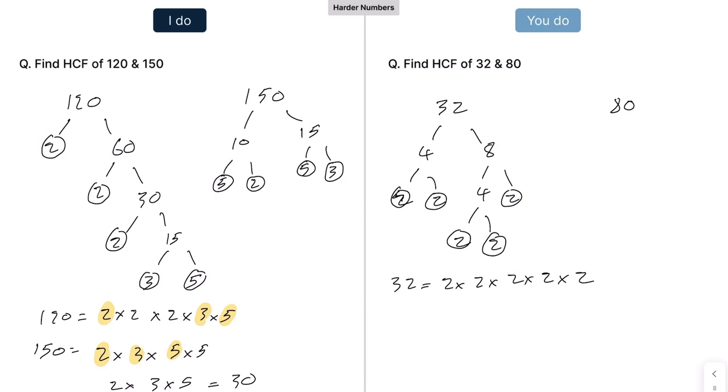Okay, that is a lot of 2s. And for 80, you can go with 8 and 10. 10 becomes 5 and 2, which are both prime. That can become 4 and 2. And that can become 2 and 2. So that leaves us with 80.